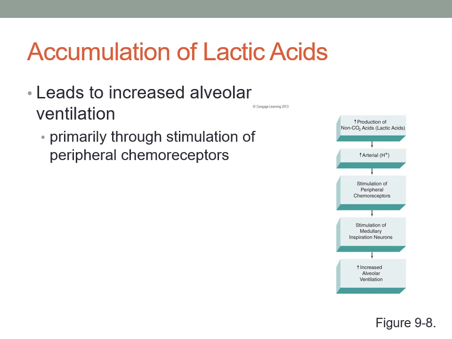What happens is there's a production of non-CO2 acids like lactic acid. The arterial hydrogen ion concentration goes up. It stimulates the peripheral chemoreceptors, and those in turn stimulate the medullary inspiratory neurons. That results in increased alveolar ventilation. This can be seen in figure 9.8.